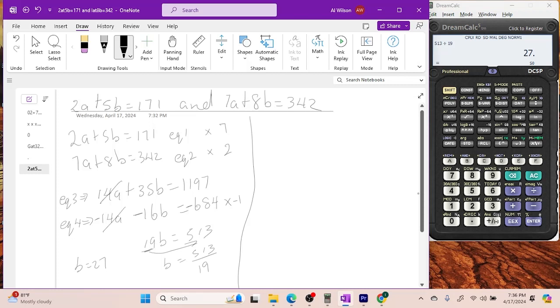So with b equal to 27, we're going to substitute for a. We substitute it in equation 1.